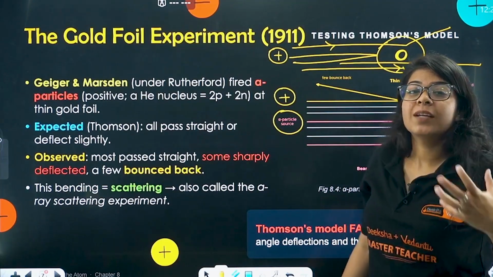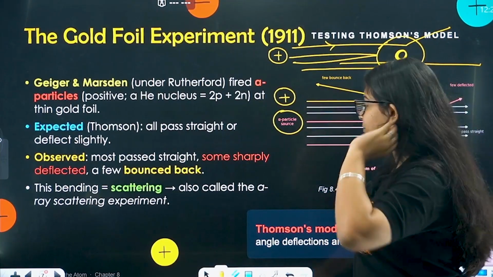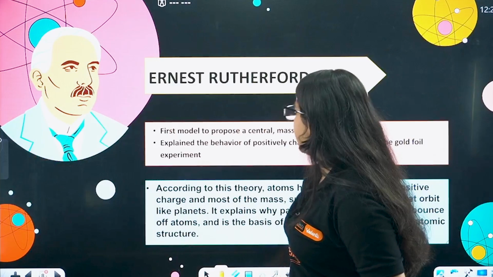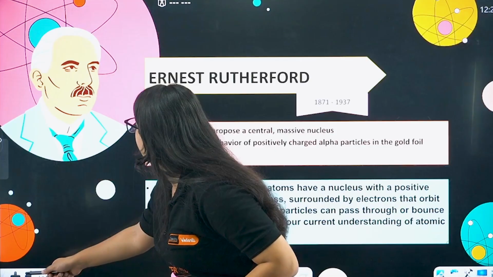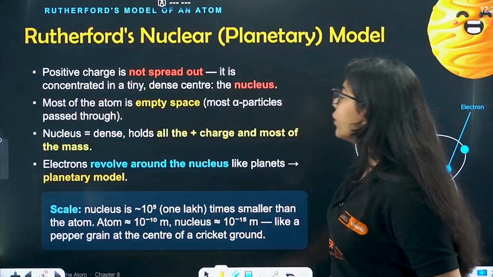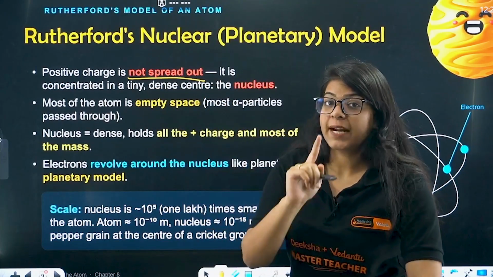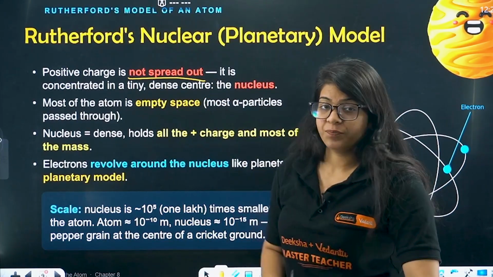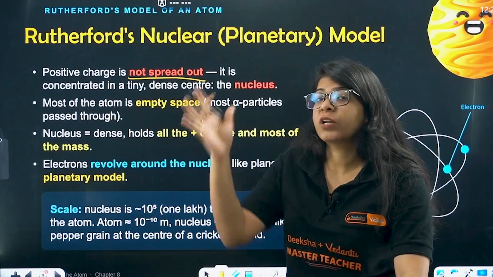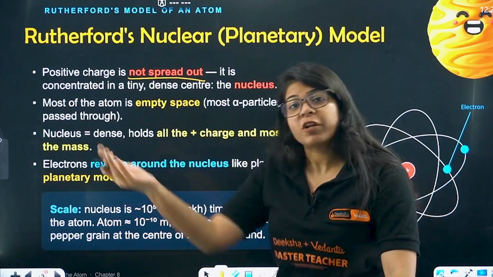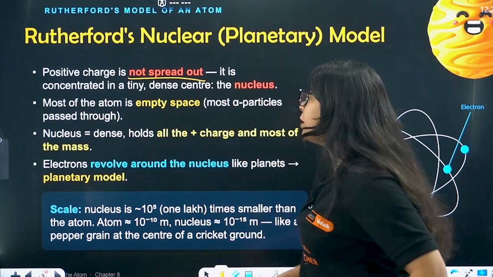So what were the things we concluded from this? Positive charge is not spread out. The first thing that Thomson said, they proved it wrong. If it was spread out, all the alpha particles would have bounced back because of the repulsion, right? But they were not.